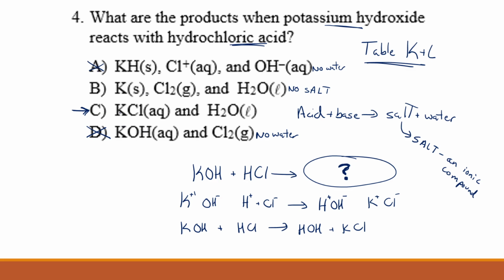But this KCl is a metal plus a nonmetal, which is the definition of ionic. So K metal, M for metal, and a nonmetal together make it an ionic compound, which is what makes it a salt. Remember, salt is more than NaCl.